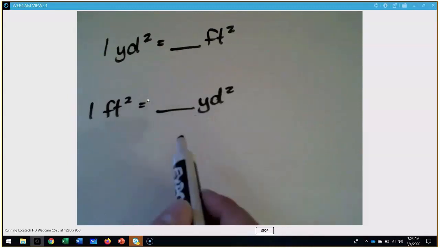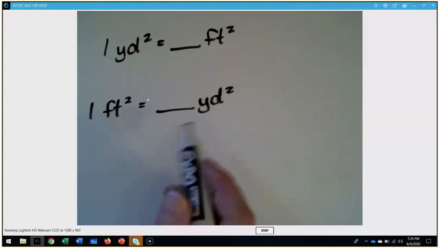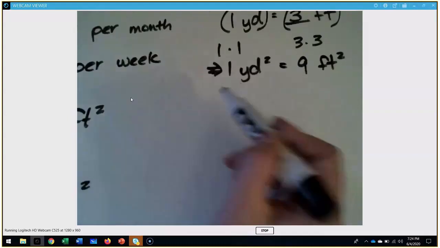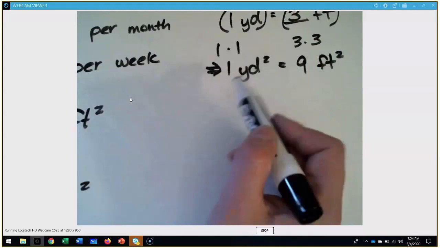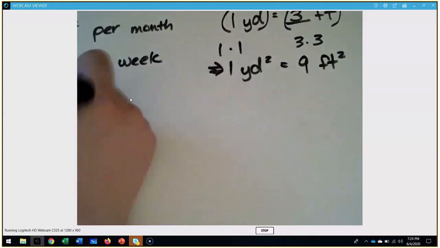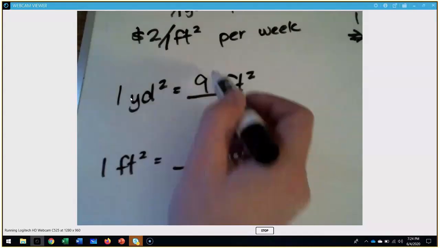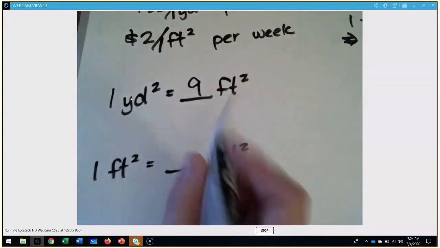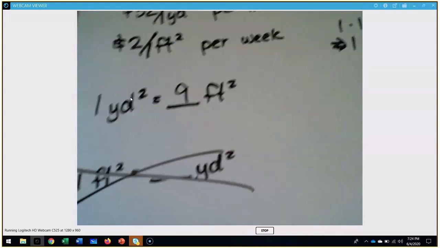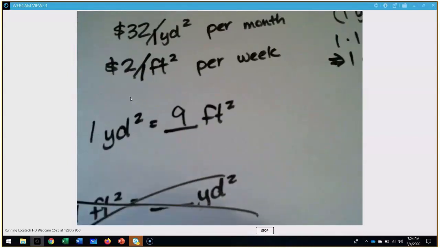And I don't want to deal with fractions if I don't have to. I would rather stick with whole numbers like 1 and 9. So I'm going to go with this one, and I'm going to fill this in. This is what I need right here.